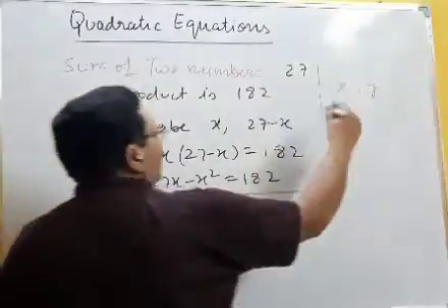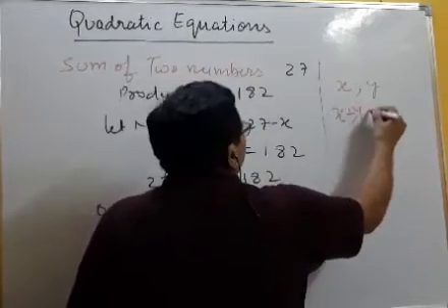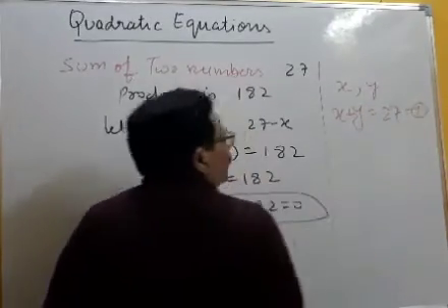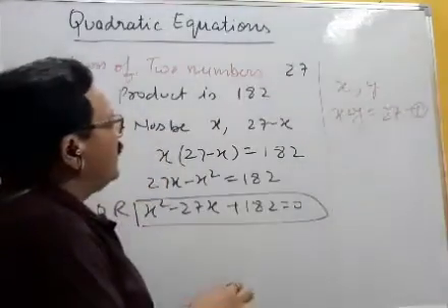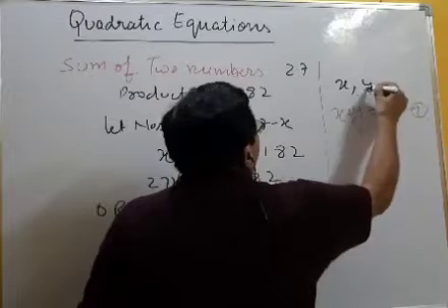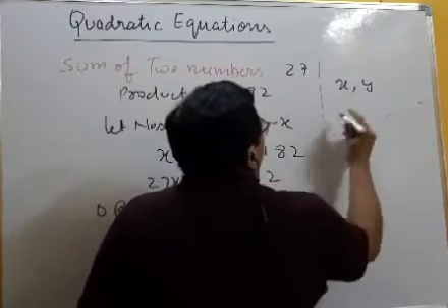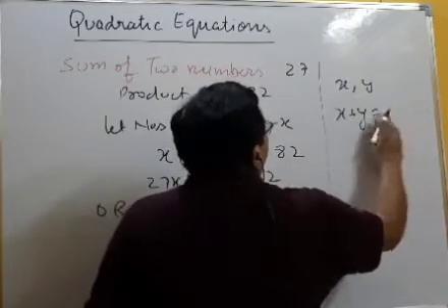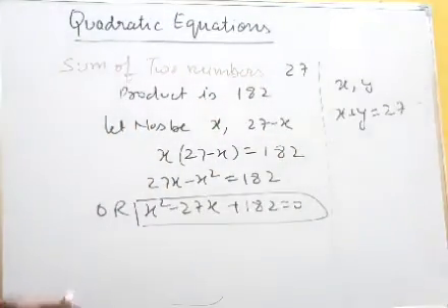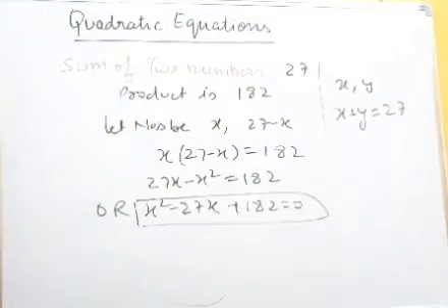What is the relation given to you? Their sum is x plus y equals 27. If you are not able to see, I can write with the black pen also. We are supposing two numbers x and y, and x plus y equals 27, and their product is 182.